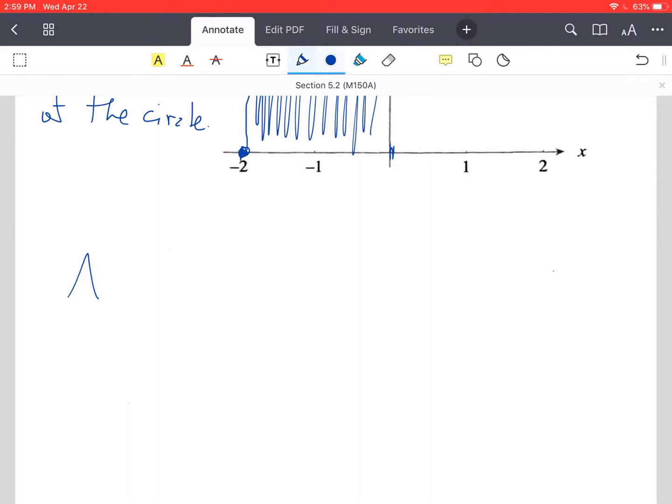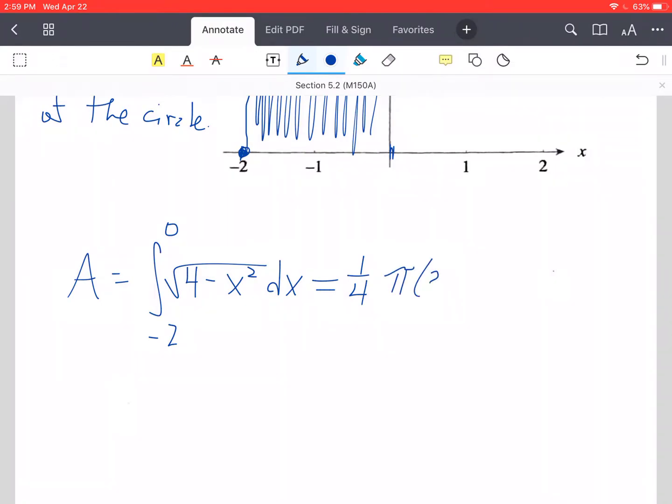So our area A, so that's our integral from -2 to 0 of the square root of 4 minus x squared dx. This is going to be 1/4 pi r squared, and the radius this time is 2. So that's 1/4 times pi times 4. The 4's will cancel, and we're just left with pi.